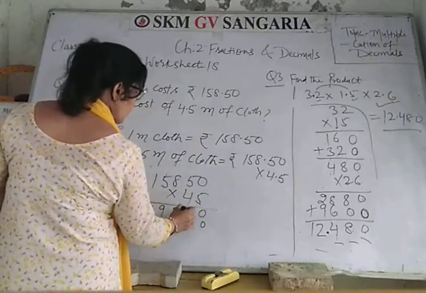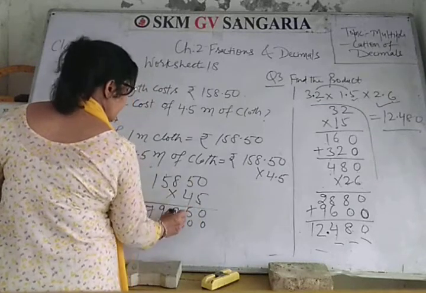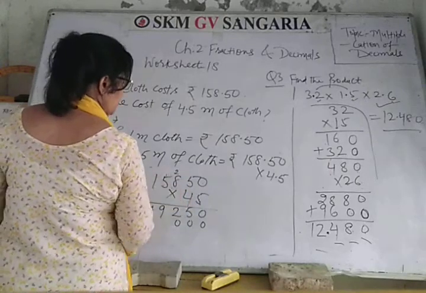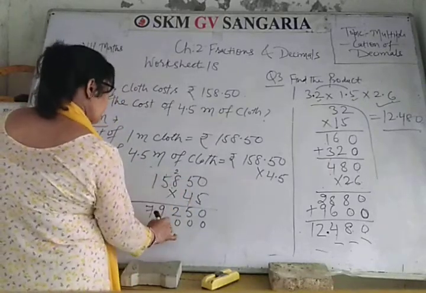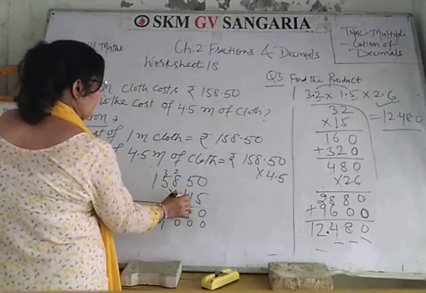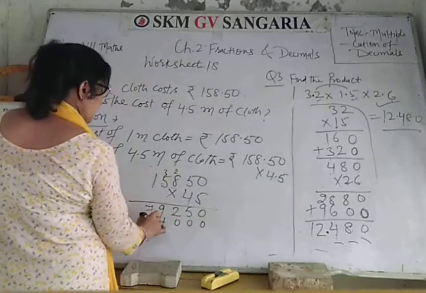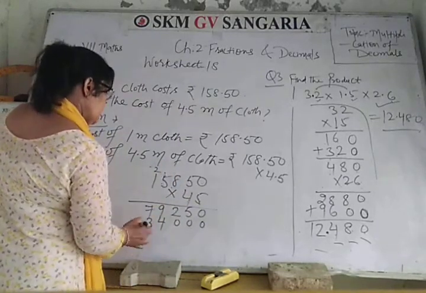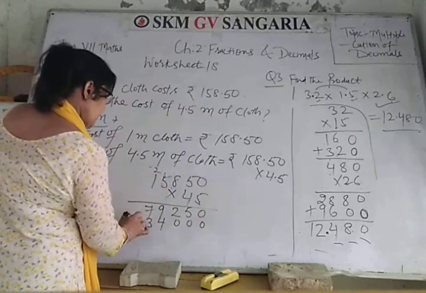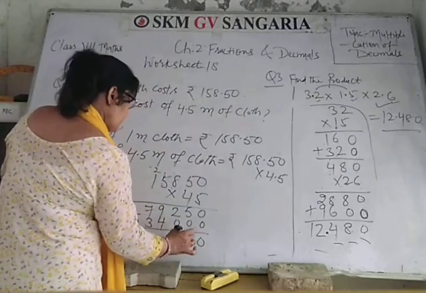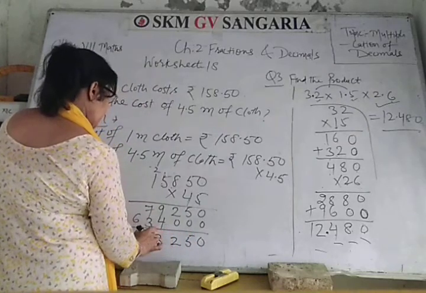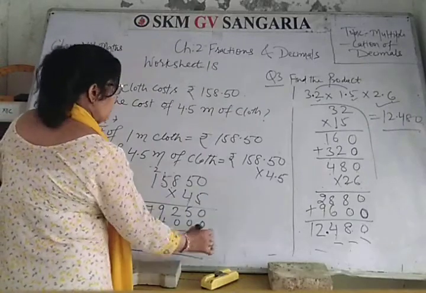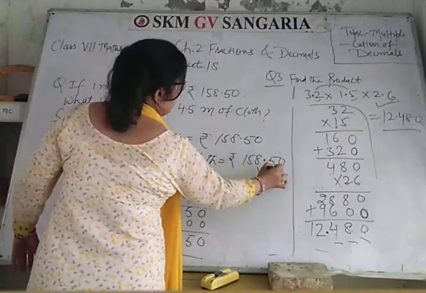Now multiply by 4. 4 zeros are 0, 4 5s are 20, 2 carry, 4 8s are 32, and 2, 34. 4 5s are 20, and this 3, 2 carry, 4 1 is 4, 4 1 is 4, and 2, 6. Now add. Okay. Now after the decimal, how many digits are there?